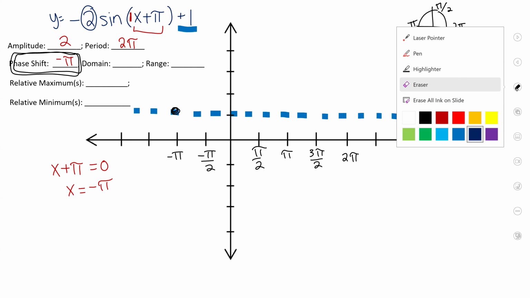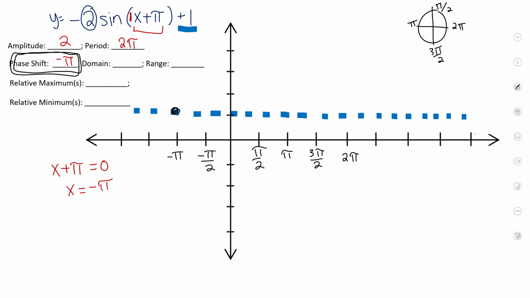I have to reflect. So here is that. I'm going to go down 2 spaces, so I'll be here, up 2, so that's my graph.